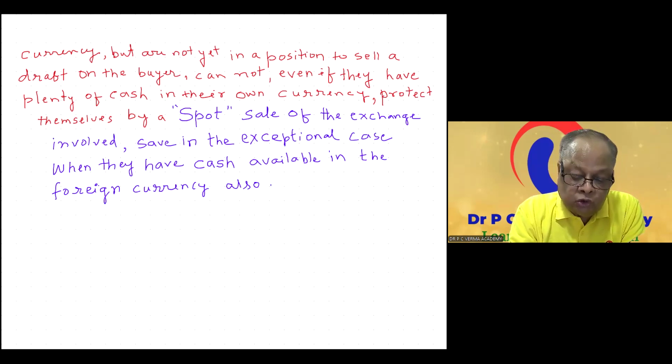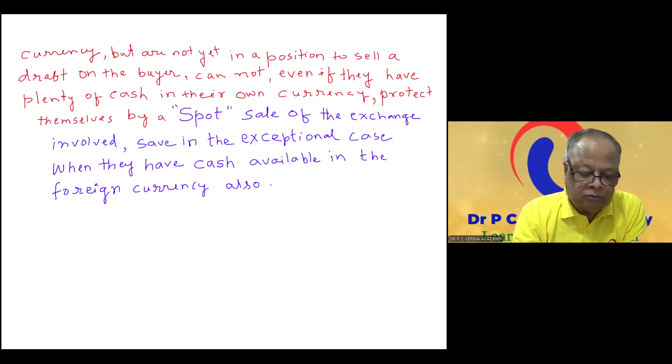But merchants who have bought goods in terms of foreign currency for future delivery may not have the cash available pending delivery of the goods, while merchants who have sold goods in terms of foreign currency but are not yet in a position to sell a draft on the buyer cannot, even if they have plenty of cash in their own currency, protect themselves by a spot sale of the exchange involved, save in exceptional cases when they have cash available in foreign exchange also.